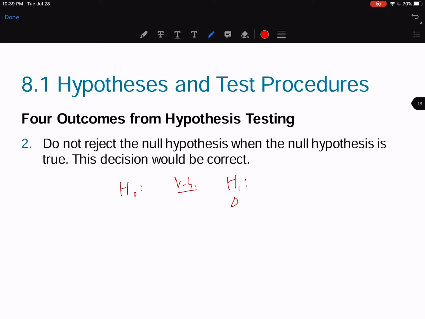But if we don't find evidence to support the alternative hypothesis, of course, we don't reject the null hypothesis, because we don't find the evidence to support the alternative hypothesis over here. And from this outcome, we're going to get a correct result as well, because if we are not able to find the evidence to support the alternate hypothesis, of course we do not reject the null hypothesis.